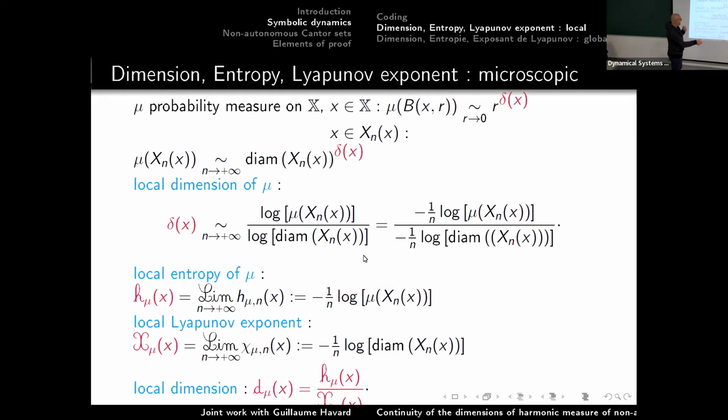If you take the essential limit infimum over all x's with respect to the measure mu, this should give me the Hausdorff dimension.